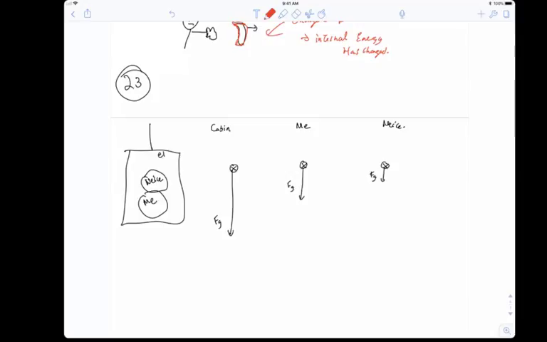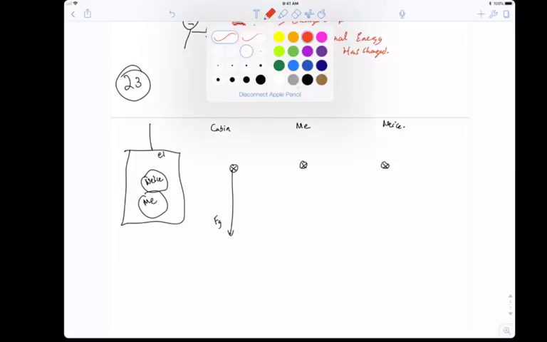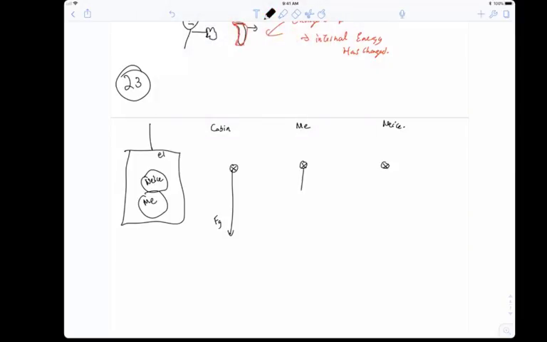Maybe I should have drawn these a little bit longer for what's to come. And then this one, a medium one, F G. Okay, so now they're all different sizes.